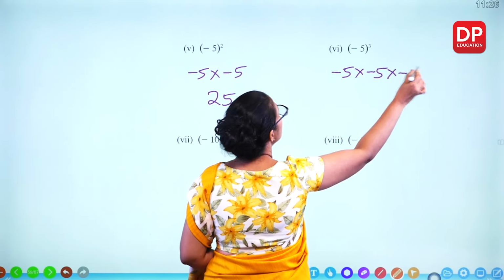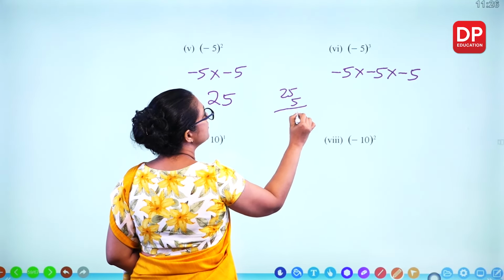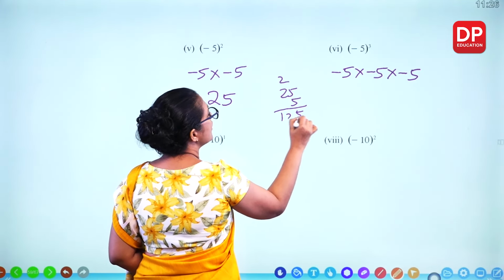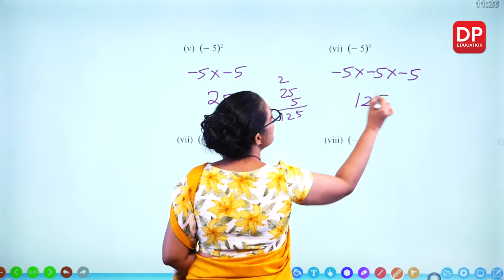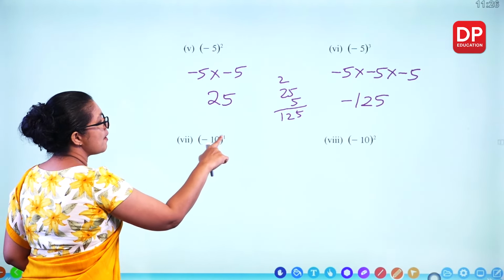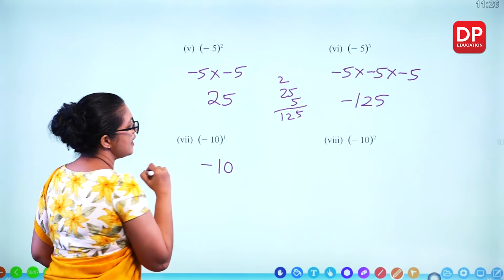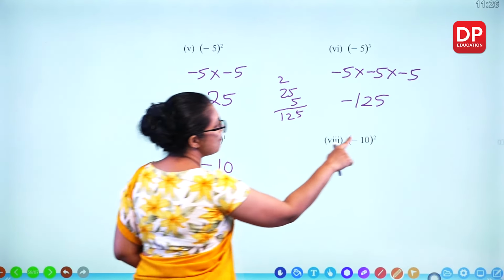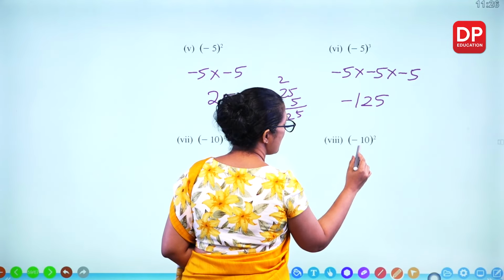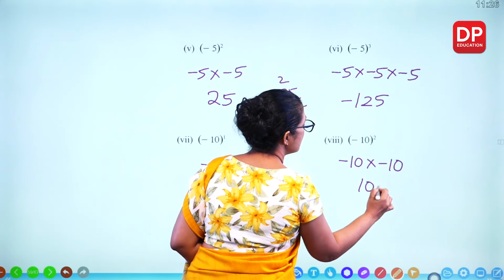So, we got 25. 25 times 5, what's the value? 125, but this is negative. Negative number to the power, odd power, always negative. Even power, you get a positive answer. 10 times 10, that's 100.